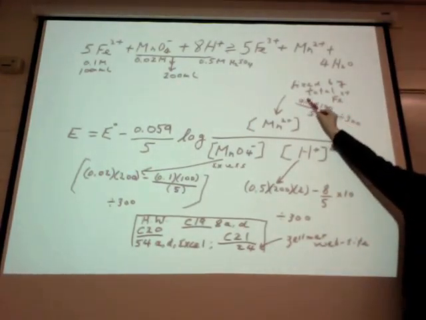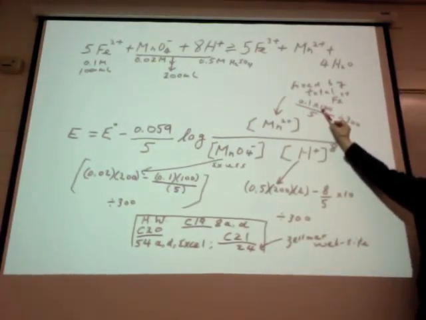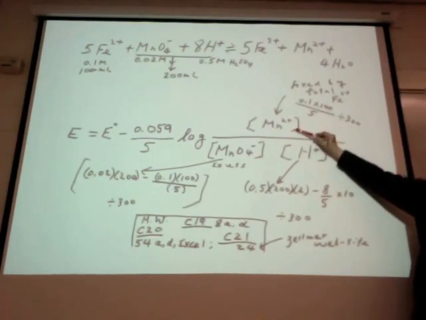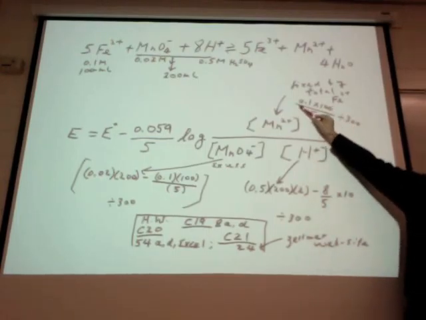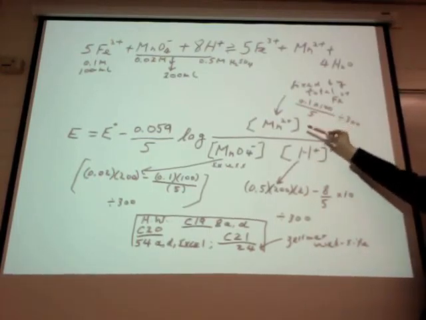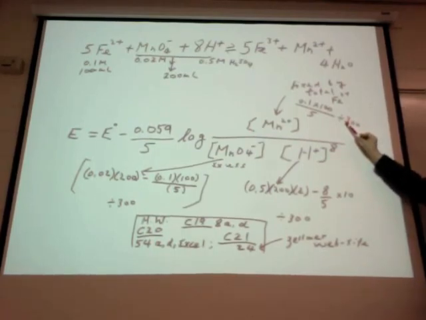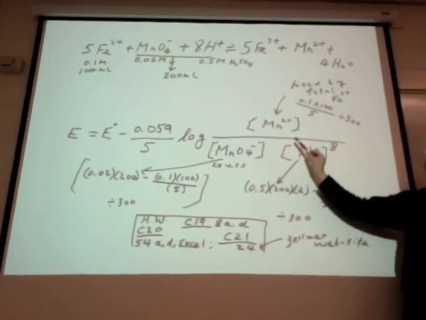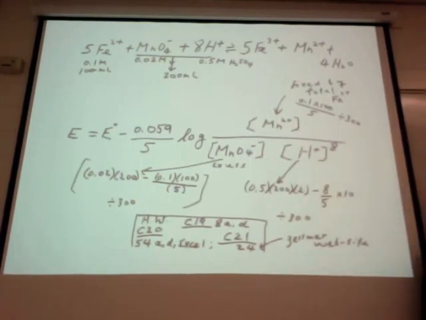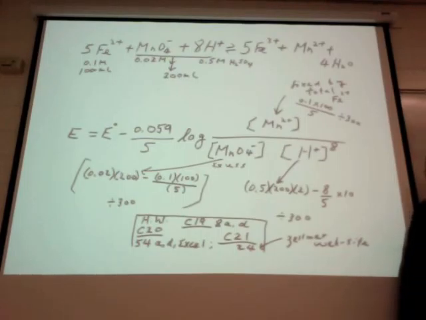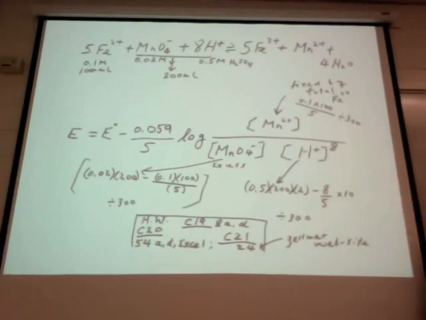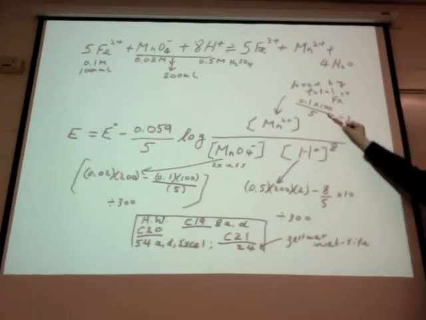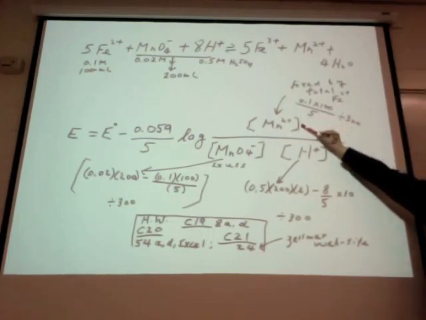Now it's Fe3+ total. For manganese 2+ it is 1/5 of that. This is 1/5 absolute quantity over the volume. The volume is important because now you have 2 volumes versus 1 volume, so you cannot ignore the volume. 100 plus 200 is equal to 300. Does anyone have difficulty seeing this, to plug in?